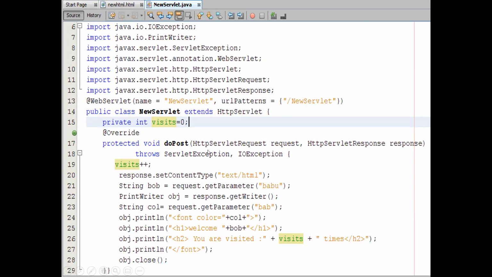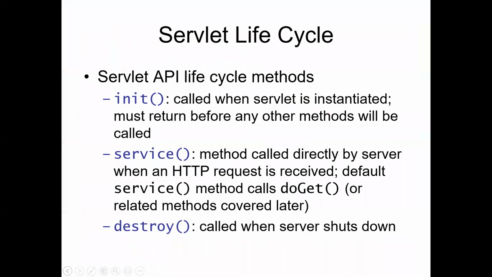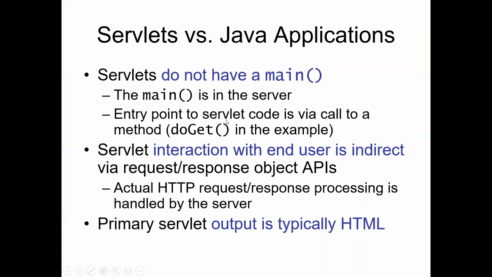Whenever the doPost method is called, first it will increase. That's a simple thing. So why is this being told? This is an example of this: the entry point of Java servlet code is definitely the doGet or doPost method. So that visit variable actually supports this line.